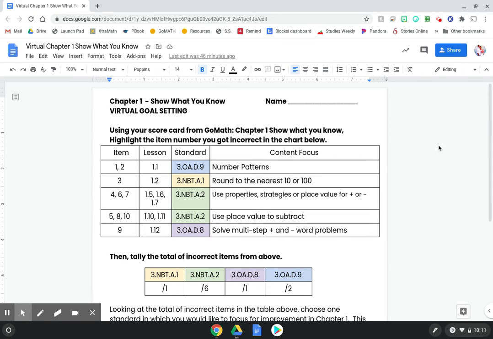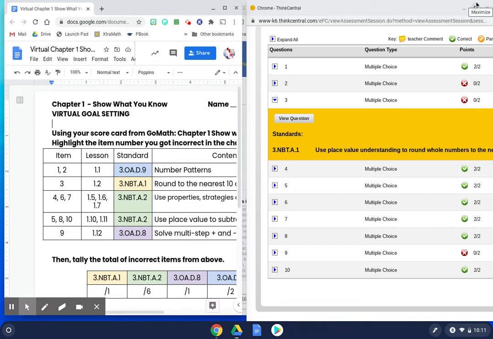So it will help to create the document so that on one side of the screen you see your answer key, and on the other side of the screen you see your goal setting sheet. So as you look at your information and you see number 1 is correct, you're going to leave it alone here.